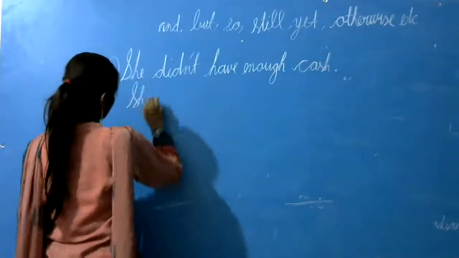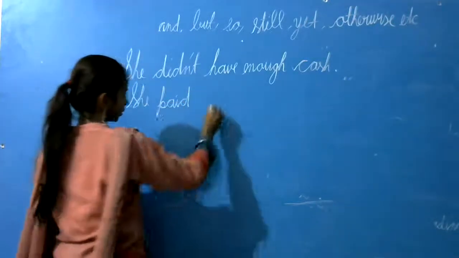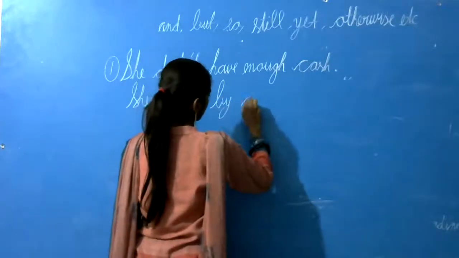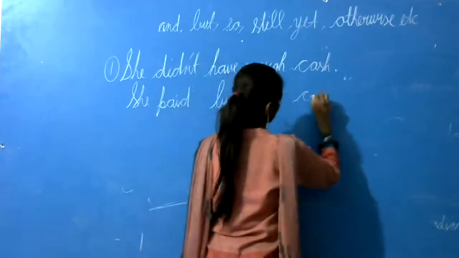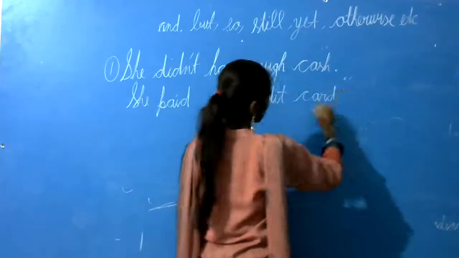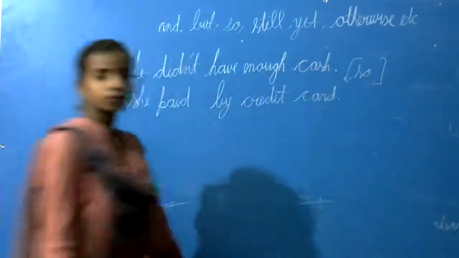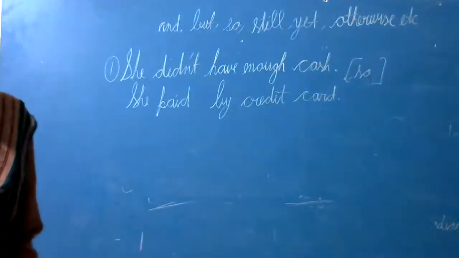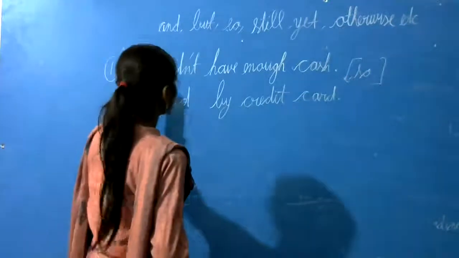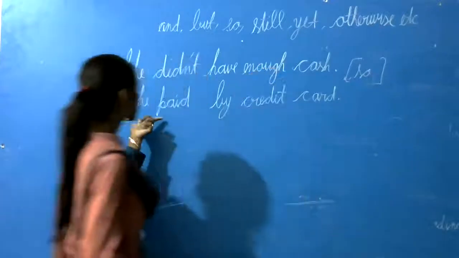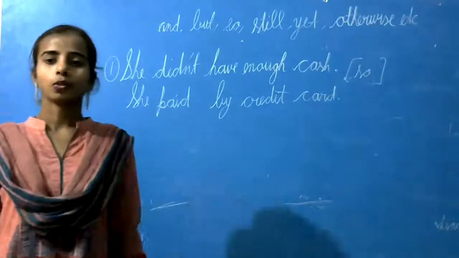She paid by credit card. Now you have to join these two sentences using the conjunction so. Join it. She didn't have enough cash, one simple sentence. She paid by credit card, another simple sentence. Now join it.